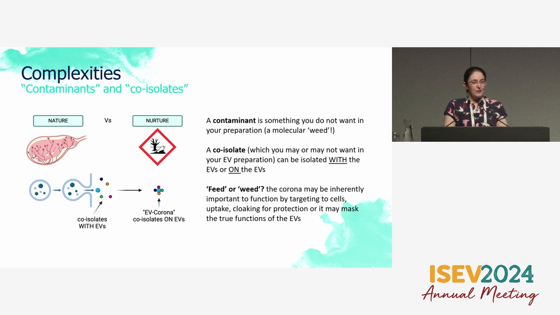Also, the idea of the feed or the weed, something good or something that you don't want, may actually be inherently important to the function of the EVs. They may be involved in the targeting, they may be involved in therapeutic function, cloaking for protection from the immune system, or unfortunately, there are many papers showing that these coronas, these co-isolates, can also mask the true effects of the EVs.